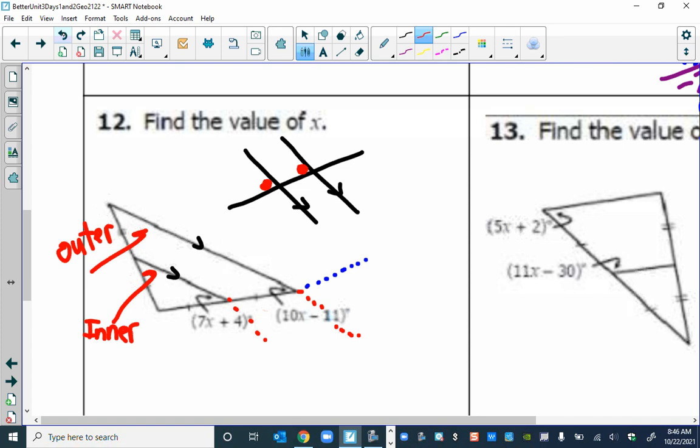Anybody remember what the relationship was? I'll give you a hint, it begins with a C. Corresponding angles, that's right. These two angles are corresponding.